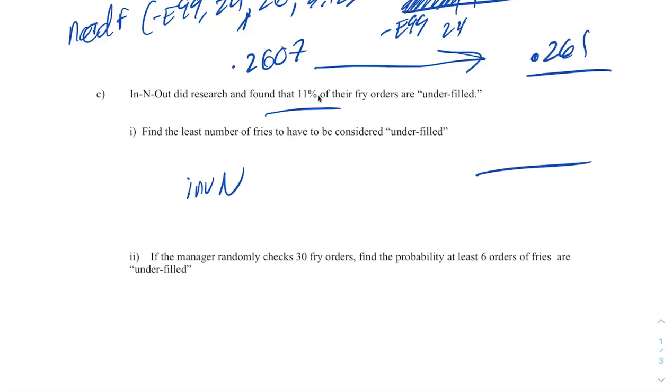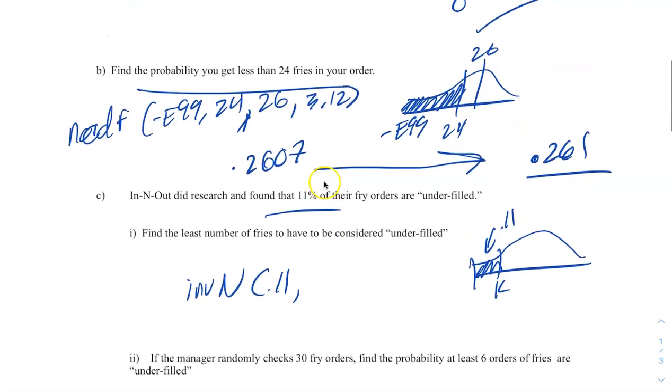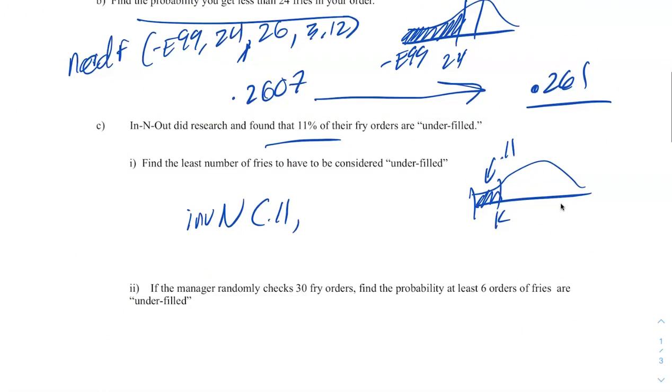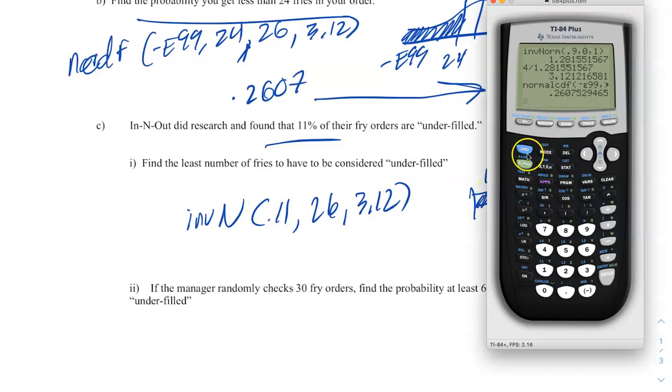Let's draw real quick. Underfilled is on the left side. So they're saying to go 11% back. That's underfilled. So you want to find that. So it's an invert normal, and then it's on the left side. So I'm going to put 0.11. Now I have the mean and standard deviation. It's not a z value, so I have to plug my mean and standard deviation in there. So my mean is 26, and the standard deviation we found was 3.12. So let's put that into our calculator.